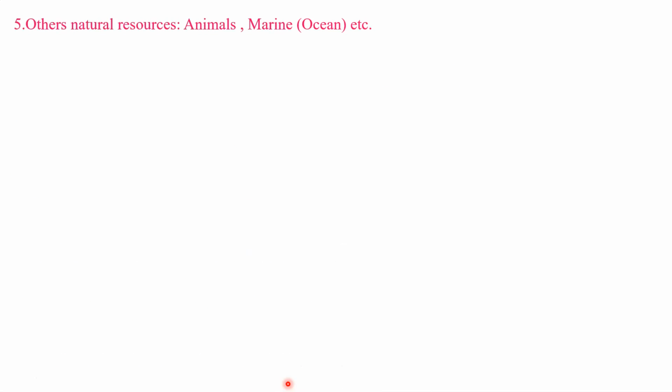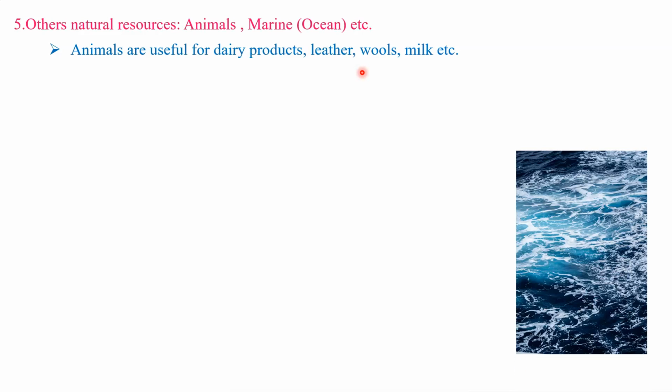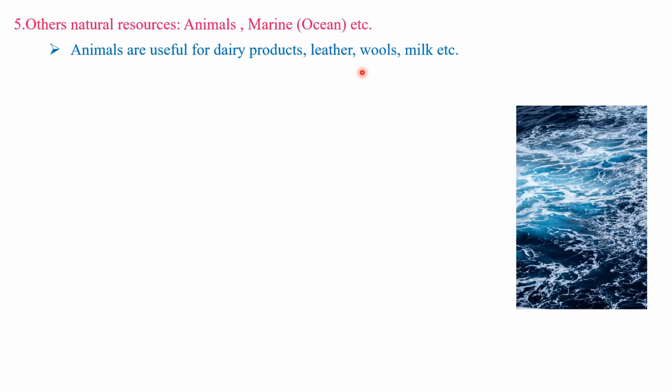Dear students, then we have some other resources that are also very useful for economic development. The two major resources I would like to explain here: first is animal resources. Animals are very important for dairy products, the leather industry, wool and milk. All these industries totally depend on livestock, because the dairy industry is a very important industry in the world.